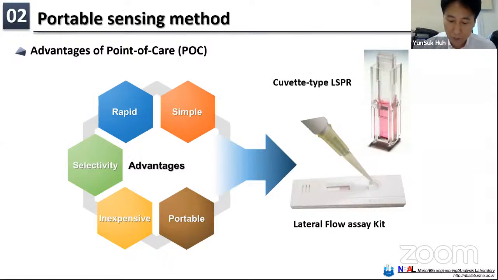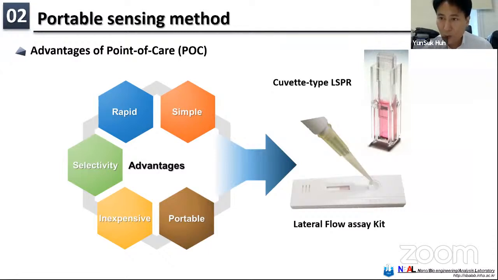You should be able to finish the analysis within a short time, at most 1 hour. The most recommended time is within 10 minutes. It's hard to call it a portable sensor when it takes 30 minutes or 1 hour. It's difficult to call that portable and on-site detection. So the recommended time is less than 10 minutes.